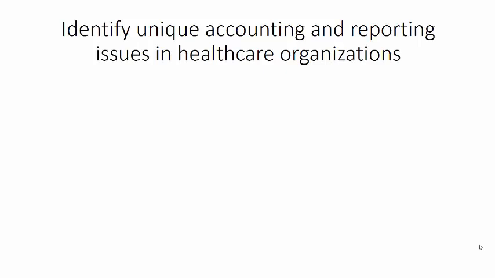So when we look at the operating statement for a not-for-profit entity and we see it says patient revenues reported at net, it's the patient revenues minus provision for bad debts, minus contractual adjustments. Now, what are contractual adjustments?